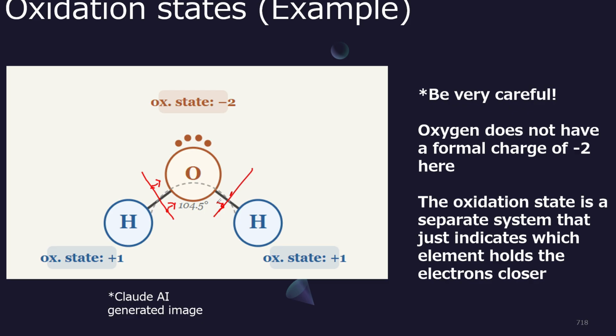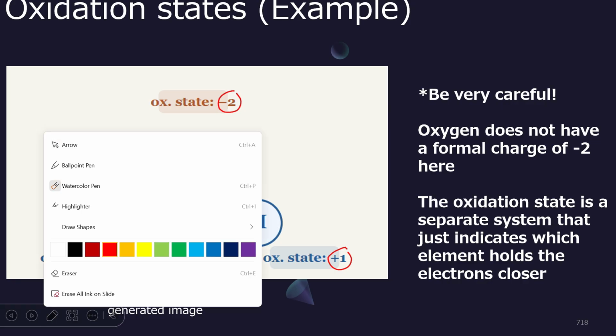So we say that it gets the electrons. And since it had 6 to start in its valence, and it sort of borrowed 2 from these hydrogens, that's where the -2 comes from. Now, hydrogen then loses its electron in this sharing pair. Not 100%, but it's enough. It's past that 50% line, so we can say that its oxidation state is +1 on each of these. Okay, hopefully that makes some sense.